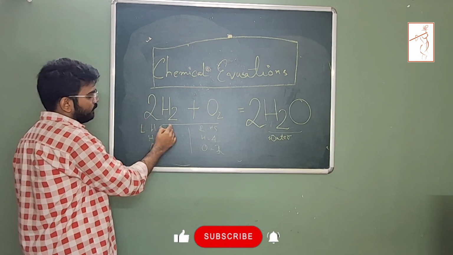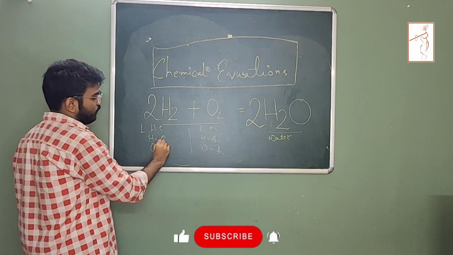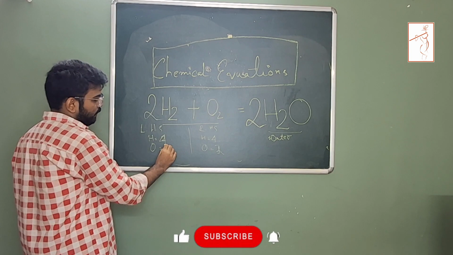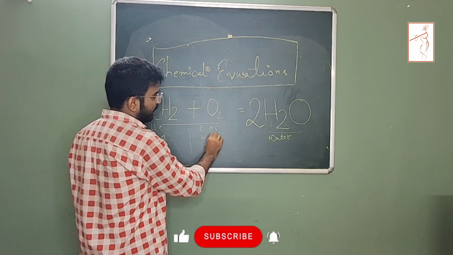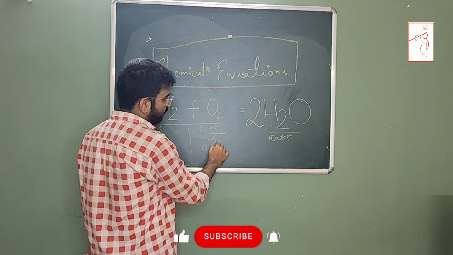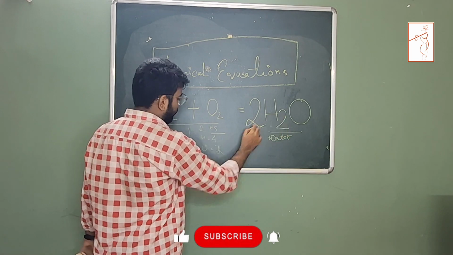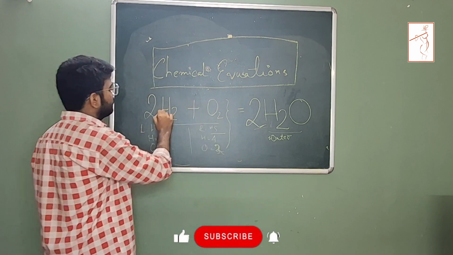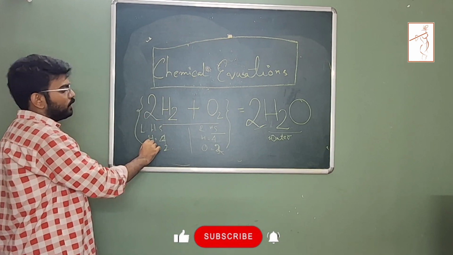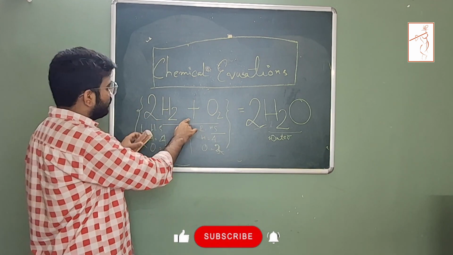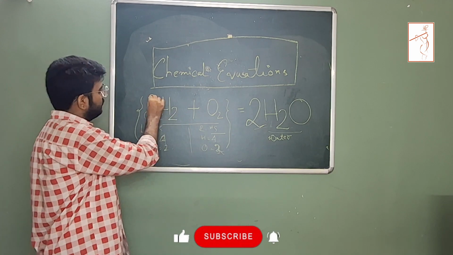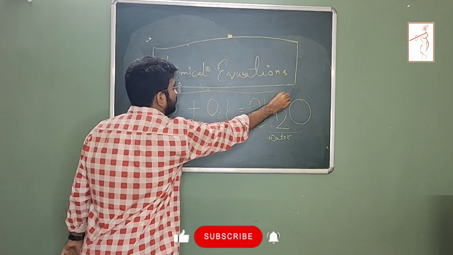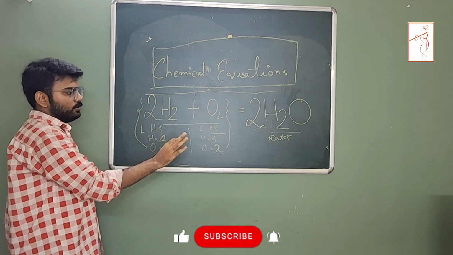Now on the left-hand side there are 4 hydrogen and 2 oxygen, and on the right-hand side there are 4 hydrogen and 2 oxygen. So the conservation of mass law is not violated here. So this is a balanced equation.